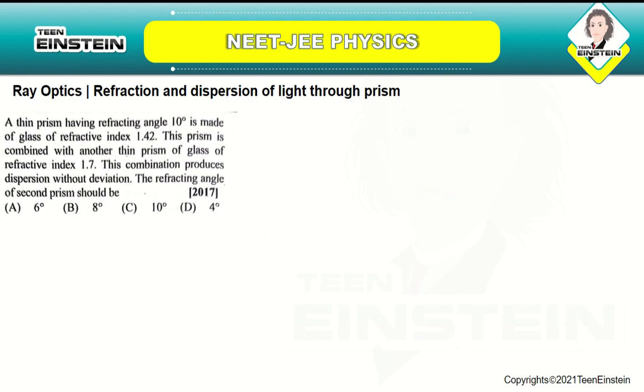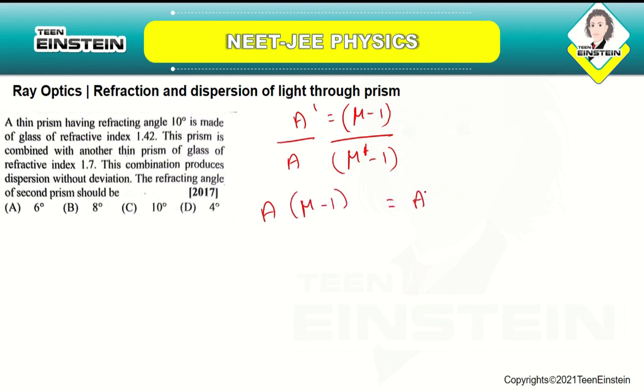So here the condition for no deviation is given by A dash by A is equal to mu minus 1 by mu dash minus 1. So A into mu minus 1 is equal to A dash into mu dash minus 1.